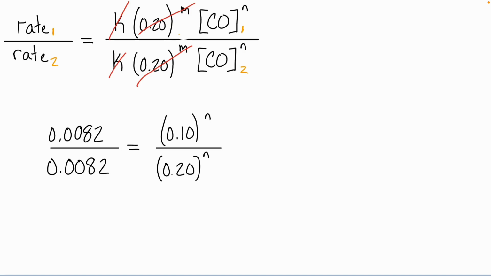We can just simplify here on the left side. On the left, what's 0.0082 divided by 0.0082? 1.